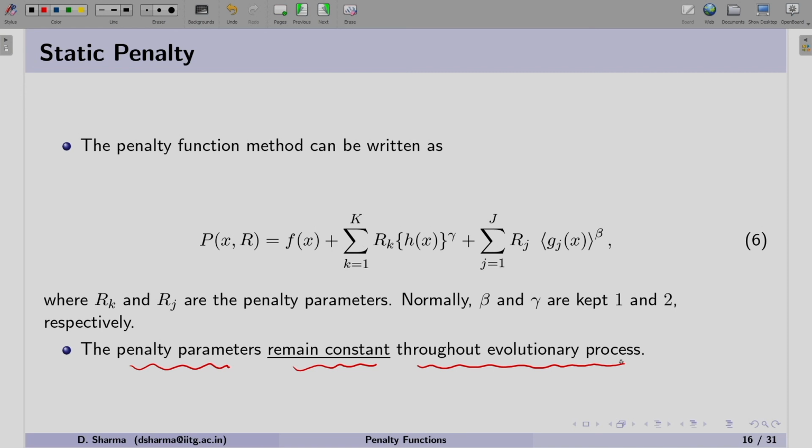When we went through the two types of penalty methods, that are parabolic as well as the bracket operator, in both the penalty function methods we discussed that we start with a small value of r, and then we keep on increasing this particular value with the number of generations or iterations. But with a static penalty, we will always keep the value of r the same. So, for example, the r_k value for the kth constraint will remain the same throughout the generations.